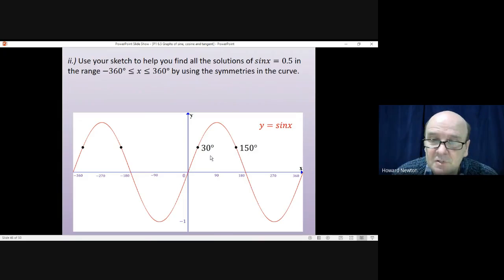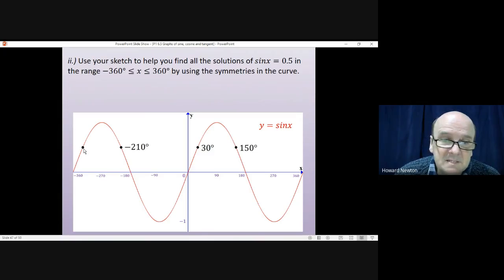So the first solution you find using your calculator. The second solution you find using the symmetry of the curve. Once you found the first 2, all the others you can find just by adding or taking away multiples of 360 degrees. So this solution here, for instance, corresponds to this one here. You just do 150, take away 360, and that'll give you -210 degrees.